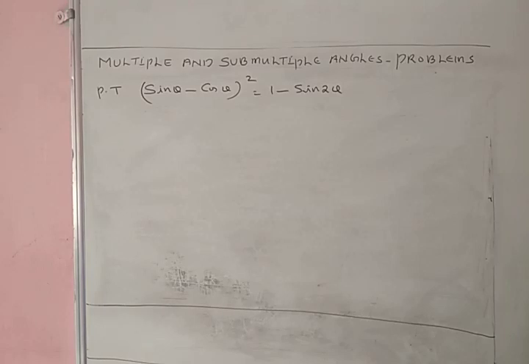Next problem, prove that sin theta minus cos theta the whole squared is equal to 1 minus sin 2 theta. Left hand side is in the form a minus b the whole squared. We know that a minus b the whole squared is a squared plus b squared minus 2ab.